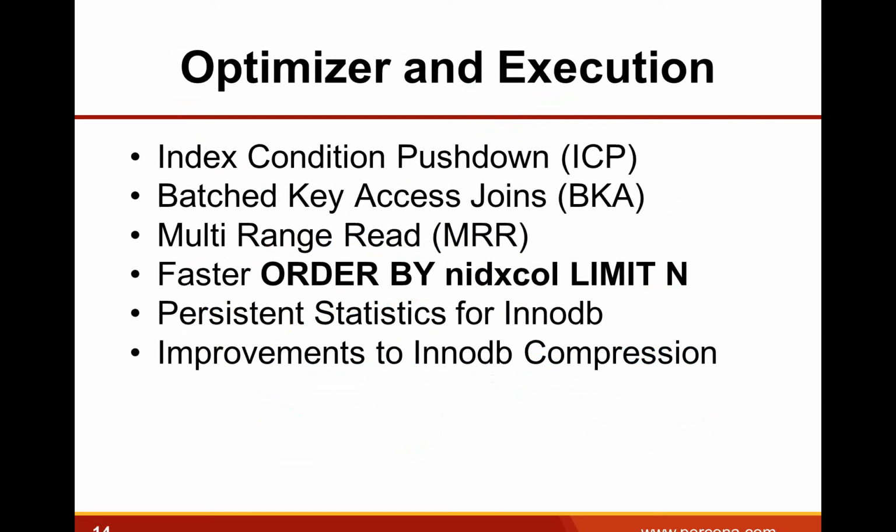But batch key access and multi-range reads are something which are often used together, as I will also show in a benchmark. They essentially allow MySQL, instead of going with naive nested loops in query execution as it does for a lot of joins, to accumulate the rows it has to look up in the tables, or the number of rows it has to locate from a single table by the index, and then execute lookups in the most optimal order.